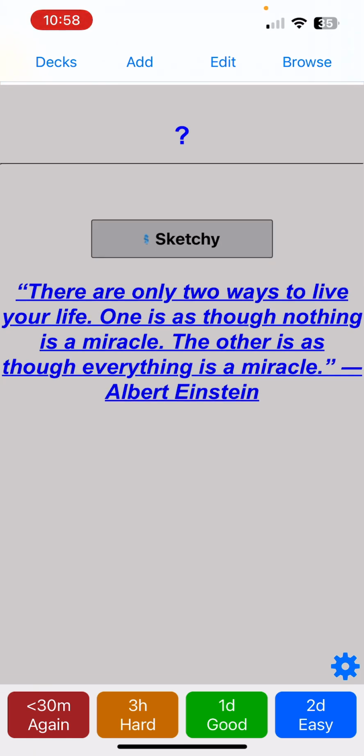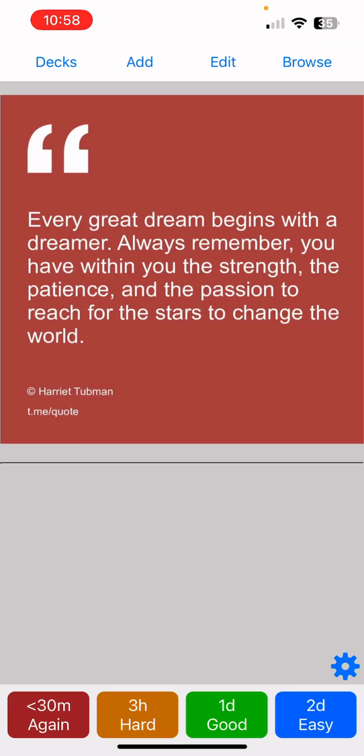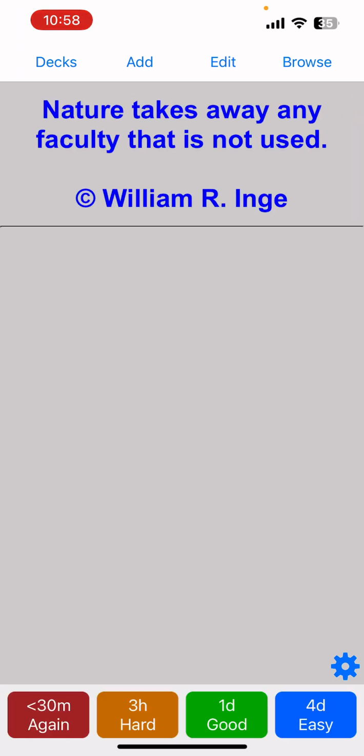There are only two ways to live your life. One is as though nothing is a miracle. The other is as though everything is a miracle. Every great dream begins with a dreamer. Always remember, you have within you the strength, the patience, and the passion to reach for the stars to change the world.